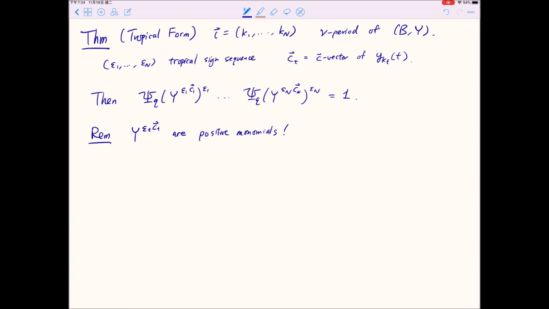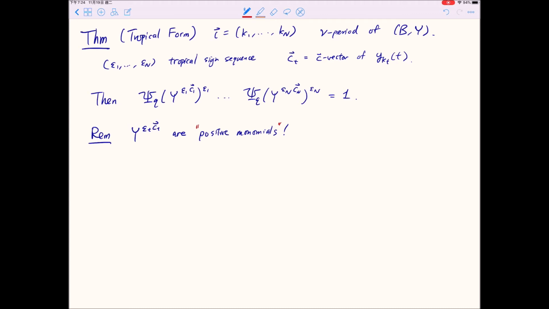So epsilon times CT will be some positive combination of vectors. And so these are positive monomials in this sense, where you are raising y to some lattice elements where the lattice coefficients in terms of the standard basis are all positive.